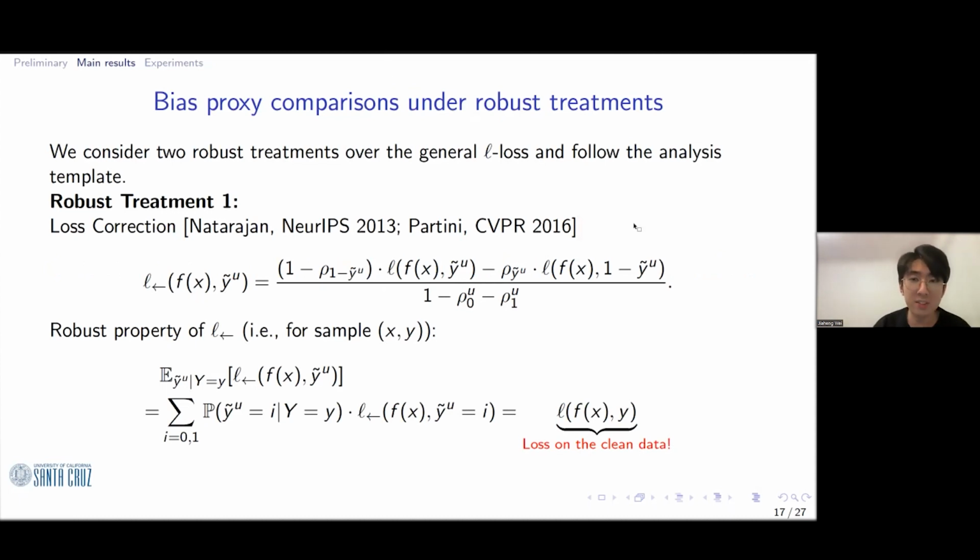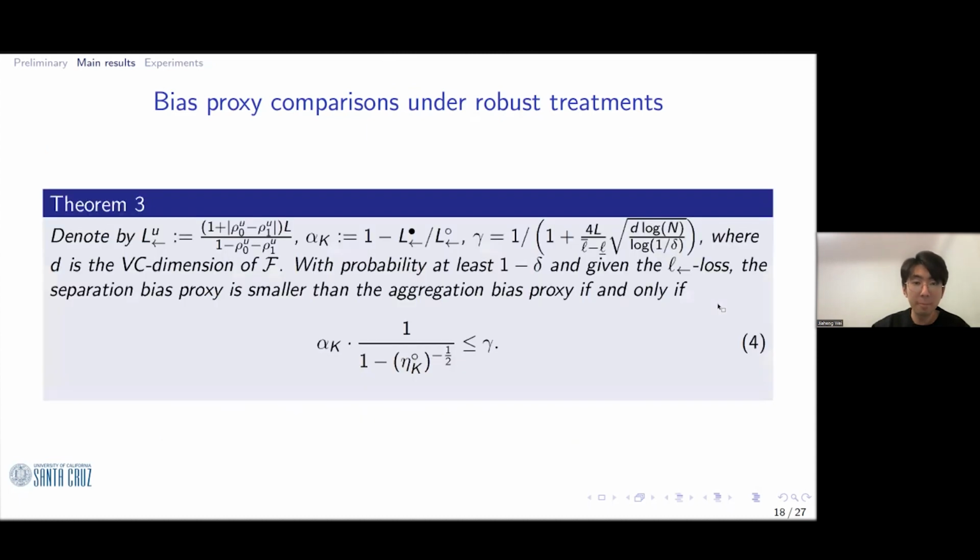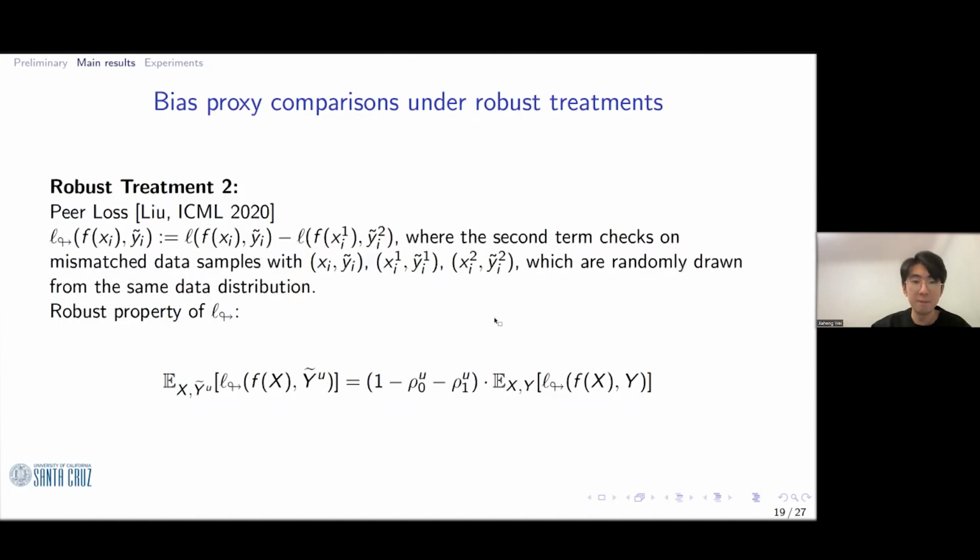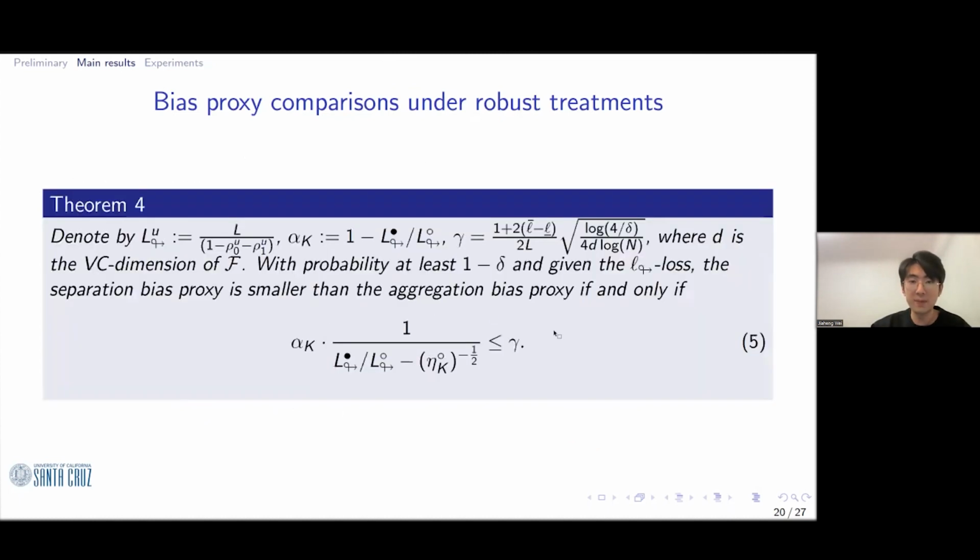When we have some robust treatments, like loss correction or peer loss, we can also get similar conclusions, but due to time limits, I won't go through details here. The conclusions are almost the same as for the basic generic loss function L. They also take the same forms. And for the peer loss function, we also have some related formulations.